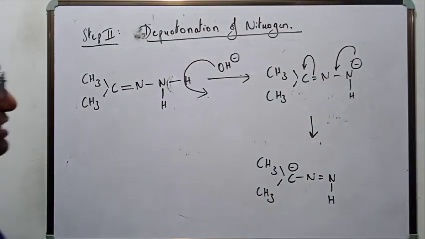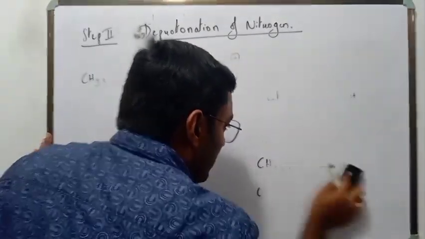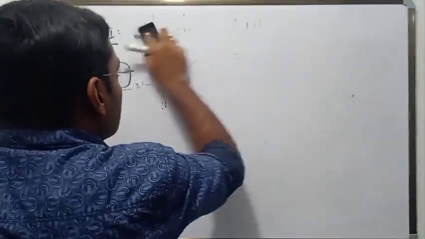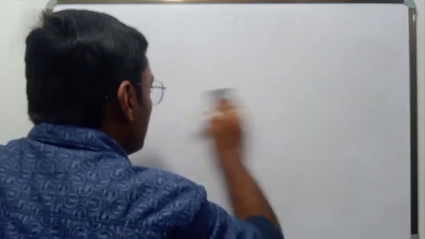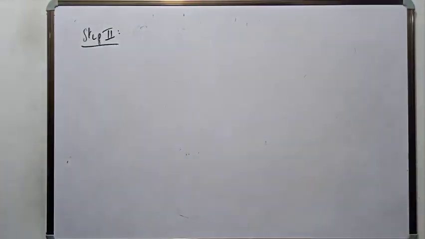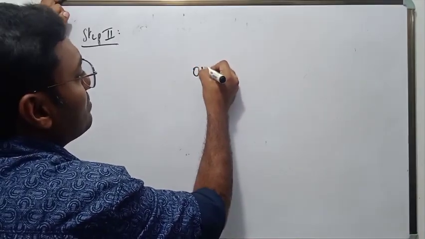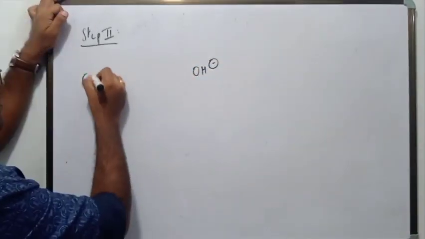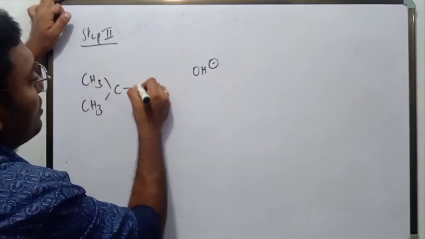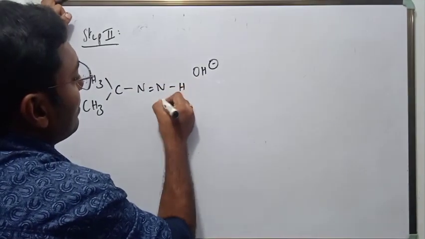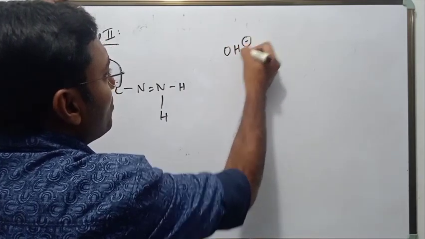Now let us see step number 3. Step number 3, protonation of carbon anion. I forgot to tell you that in step number 2, we have seen that OH minus knocks out a proton.